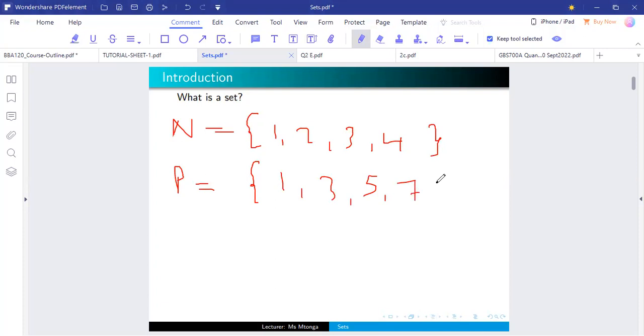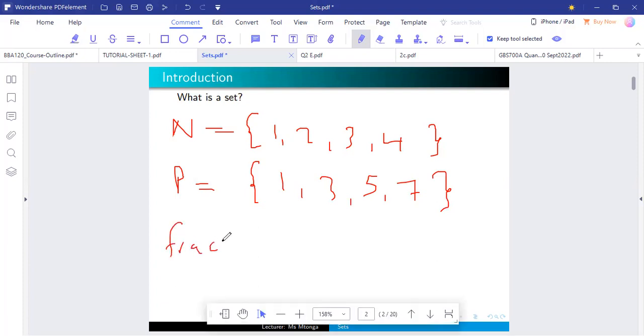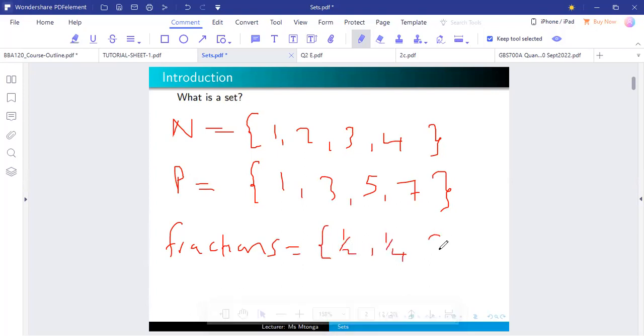This is also a set. It could be a set of fractions, or a set of powers: 1/2, 1/4, etc. But usually we enclose them with brackets. So these are what we call sets.